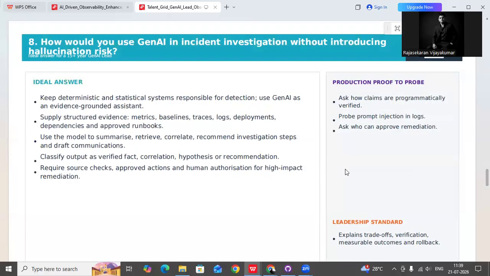Okay, great. So, how would you use GenAI in incident investigation without introducing hallucination risk? How would you use AI in it?